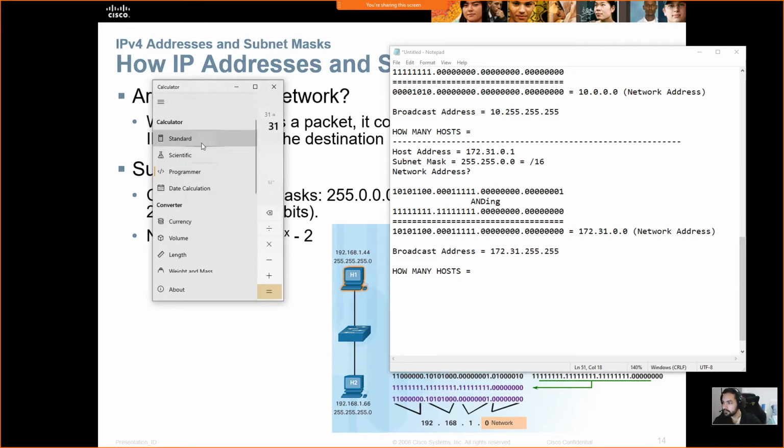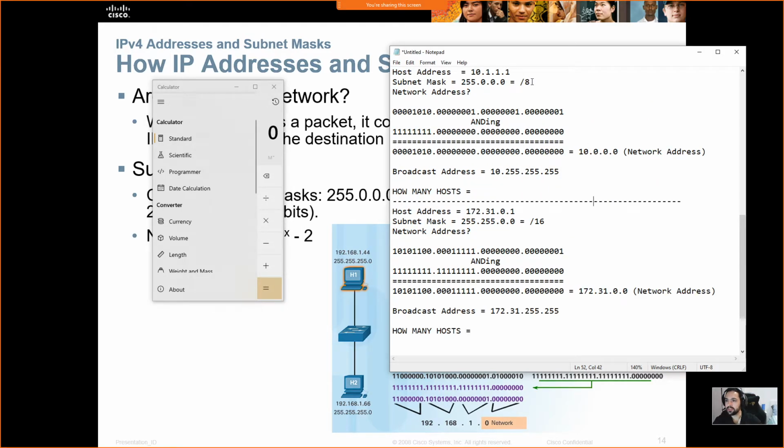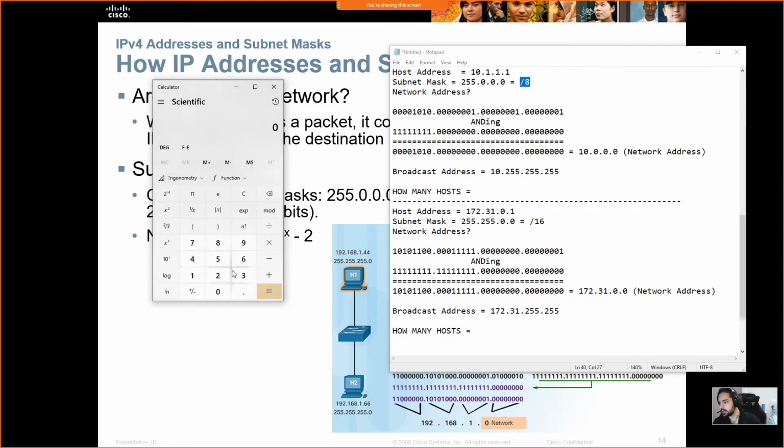So the top one is at 24, the hosts? Oh yeah, the one on the top is /8. Ah, right, sorry. So you got 24 for hosts. So it's 2 to the power of 24 minus 2. I'll put it in scientific notation. It's 2 to the power of 24 because we have 24 bits reserved for the hosts, minus 2. We can write these many addresses.